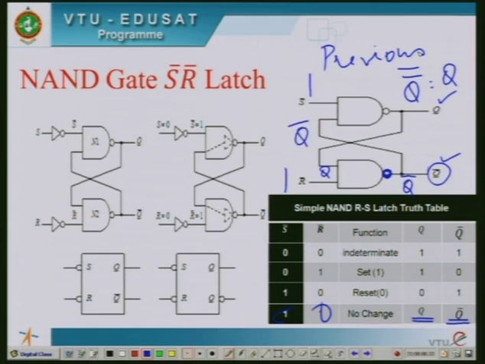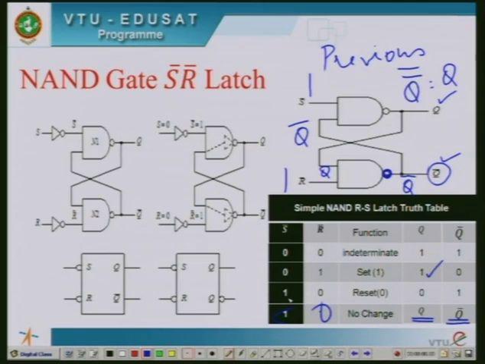So, just remember, only if both inputs are 0, then both outputs will go to one state, which is a forbidden or indeterminate state for a NAND gate latch. So, only that state should not be used. If S bar is 0 and R bar is 1, then the output will be set, Q is high.